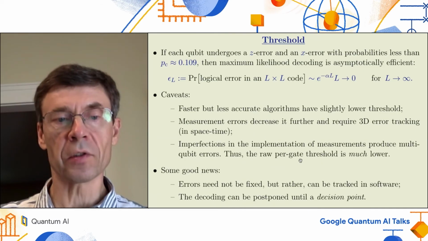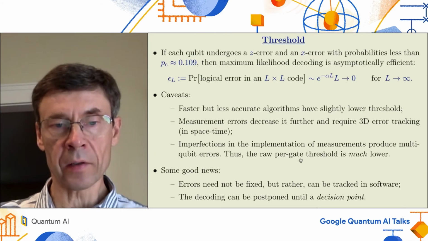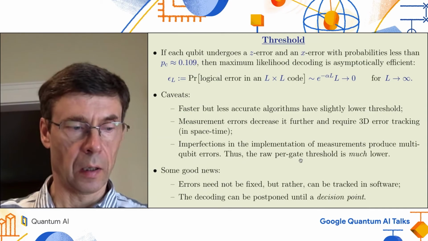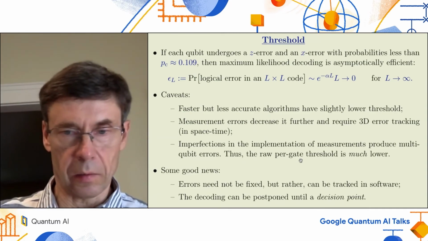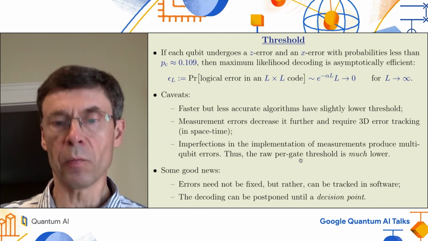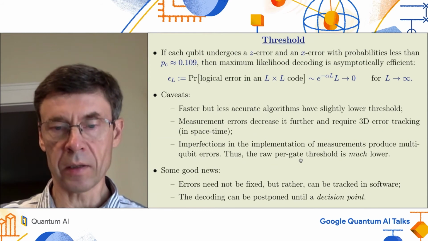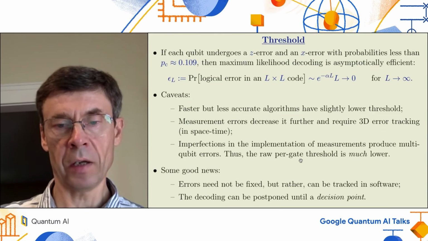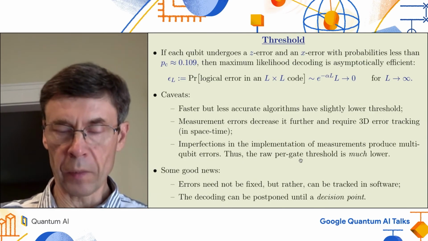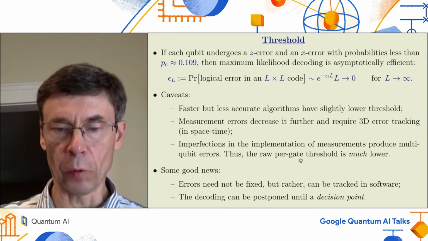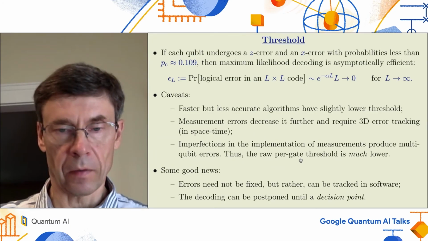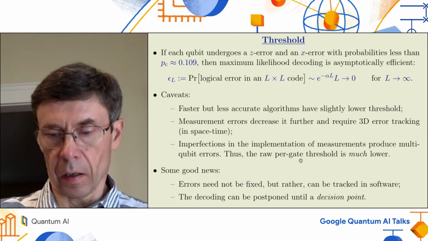But there are some good news. Errors need not be fixed. They can be tracked in software. The decoding can be postponed until a decision point. A decision point is a point in a measurement-based computation, I'll touch upon that later, where we measure something and then decide what gate to apply next. At this point, the decoding must be complete.